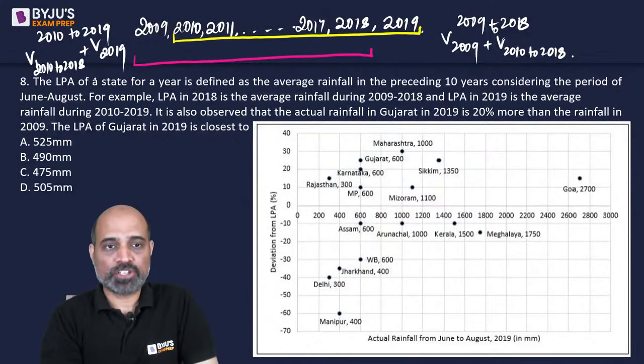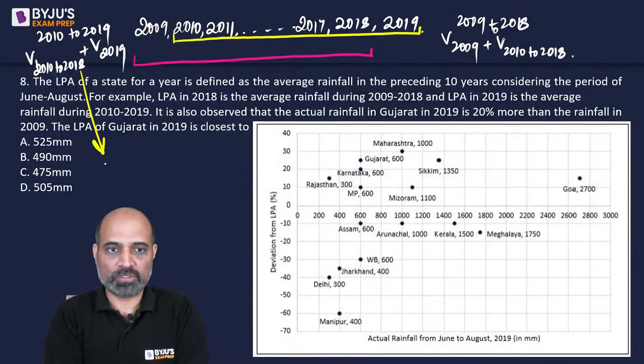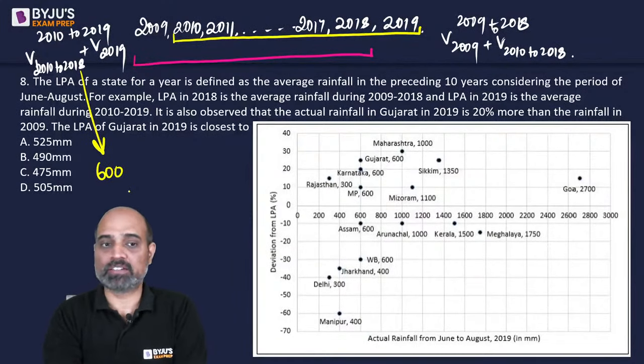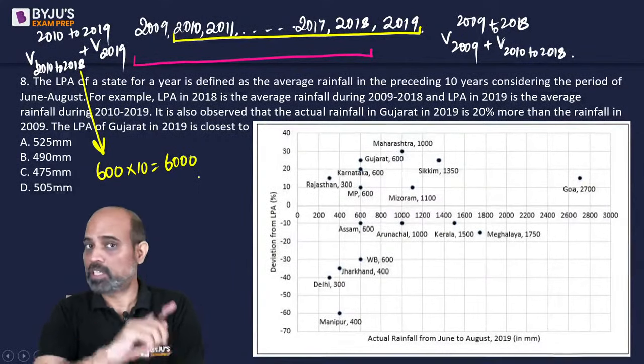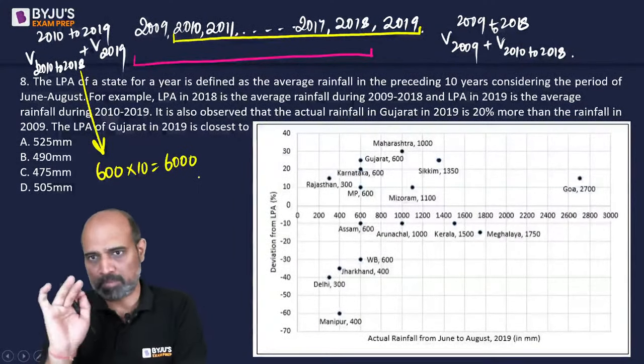Next step calculation का है कि this is given as Gujarat. We are talking about Gujarat, no? This is given as 600. Average, remember, this is the average of 10 years. So actually ये हमारे पास 6000 है. Total rainfall in the last 10 years, 6000 mm, 6 meter पानी भरा था.